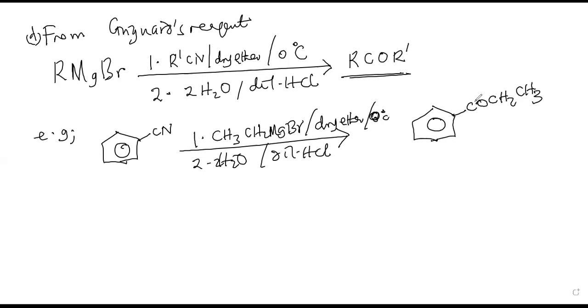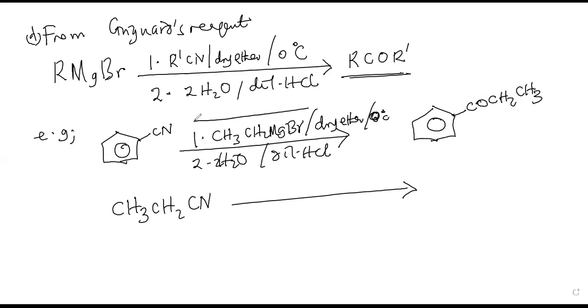All right, so that's what you have. Even if you have CH3CH2CN, use same reagents here. Rewrite all of them here, the way I've written them, bring them again here.